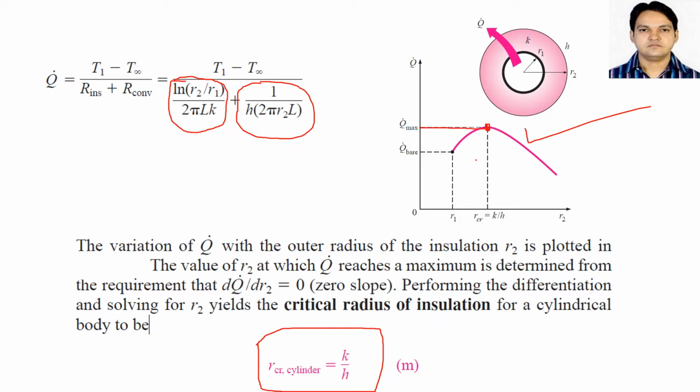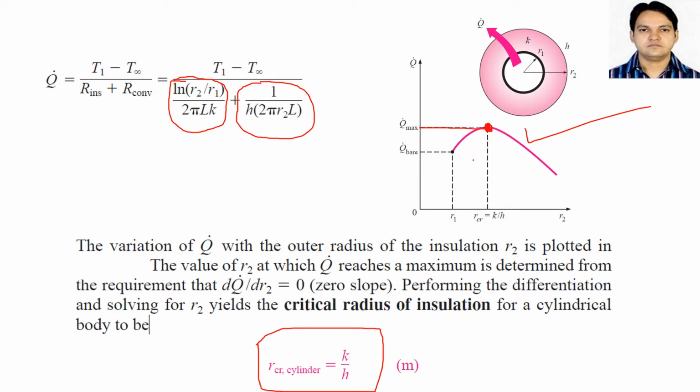In the last lecture we also discussed that in the case of an electrical system, the design should be such that the heat transfer rate is maximum, because we want to dissipate heat at a maximum rate so that there is no overheating in a current carrying cable. But in the case of a thermal system, our requirement is different.